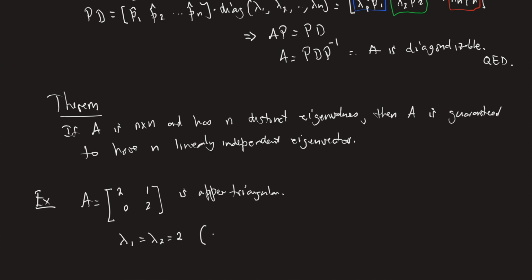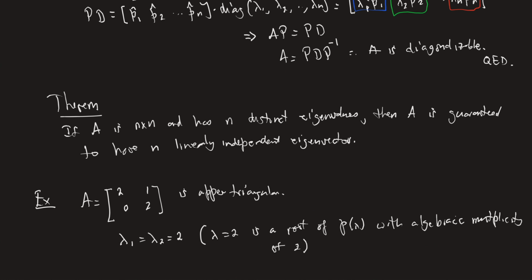So what we would actually say is that lambda equals 2 is a root of p of lambda with what's called an algebraic multiplicity of 2. It's a double root.